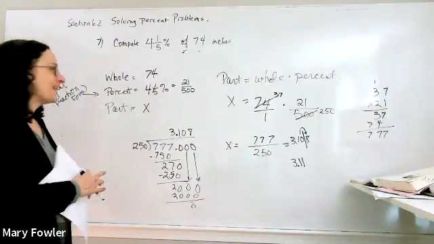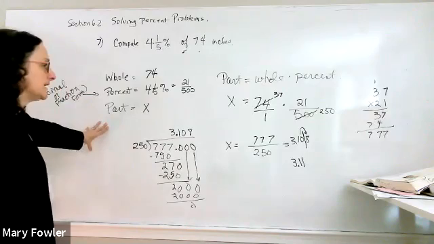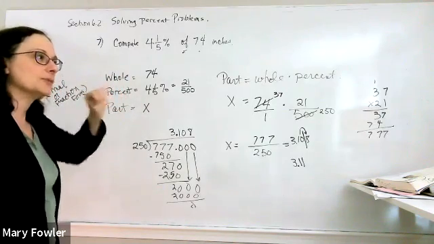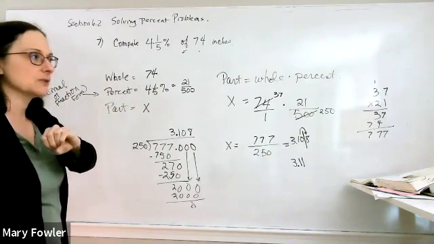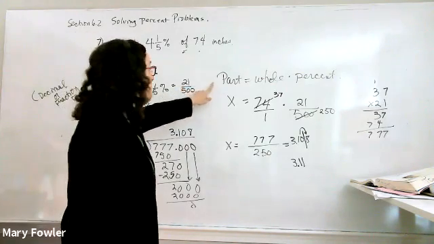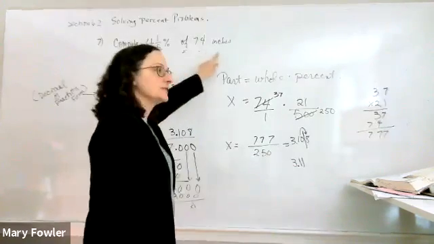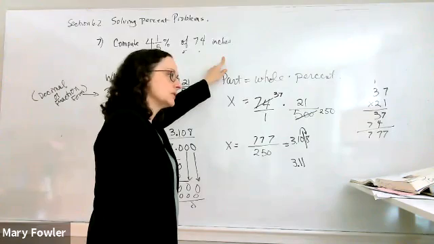That's problem 7. So let's just take a minute and look at what we did. It kind of all comes together here in that there's many skills that we bring together for these problems. We're asked to compute 4 1/5% of 74 inches.